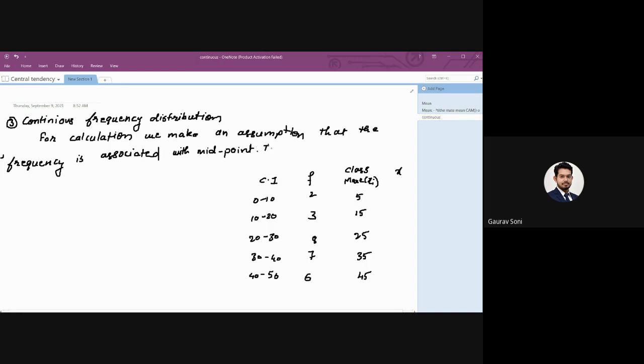Then taking x1 up to xn as the mid values, we use x bar is equal to summation xi fi upon summation fi, where i is running from 1 to n.